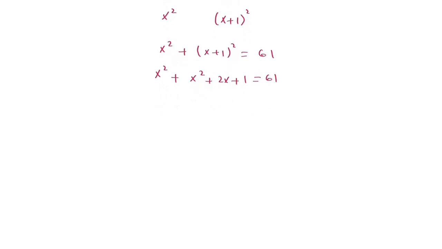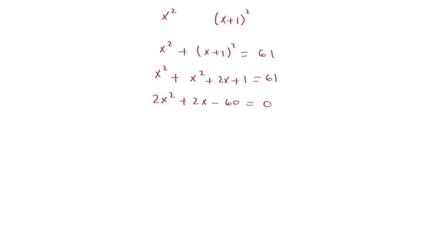Okay, so next we combine the like terms and express the equation in standard quadratic format. Then our equation is 2x squared plus 2x minus 60 equals 0.